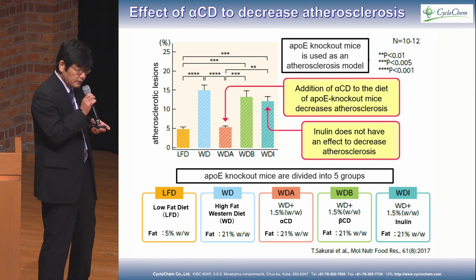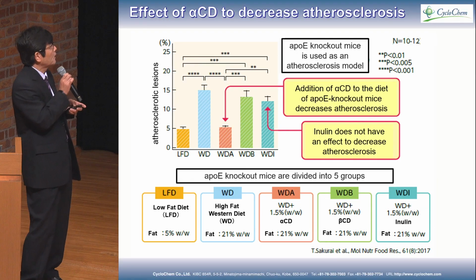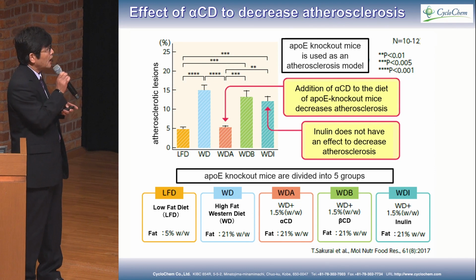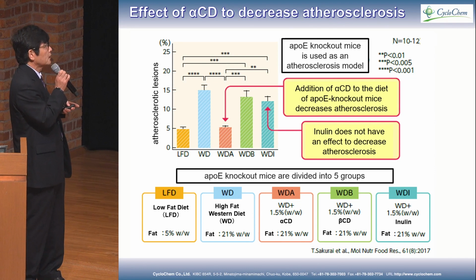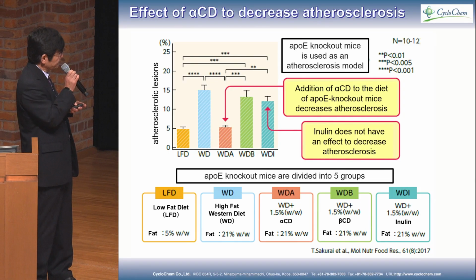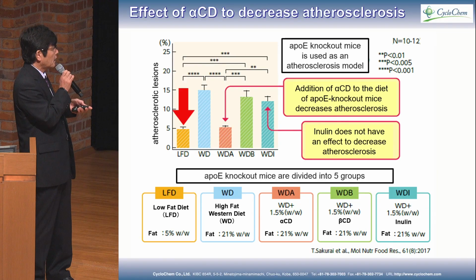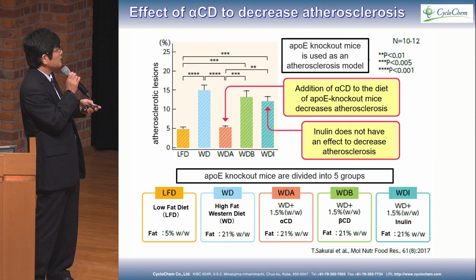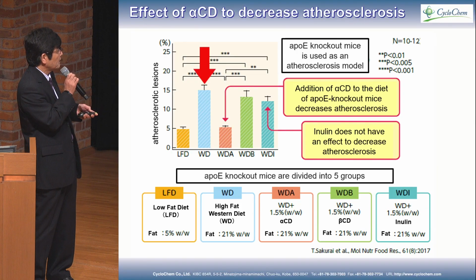So actually there is an effect of decreasing atherosclerosis by alpha-cyclodextrin using ApoE knockout mice, which are used as an atherosclerosis model. You can see the low-fat diet group. In the case of the high-fat diet, the Western diet group has a much higher atherosclerotic region. They are very high.